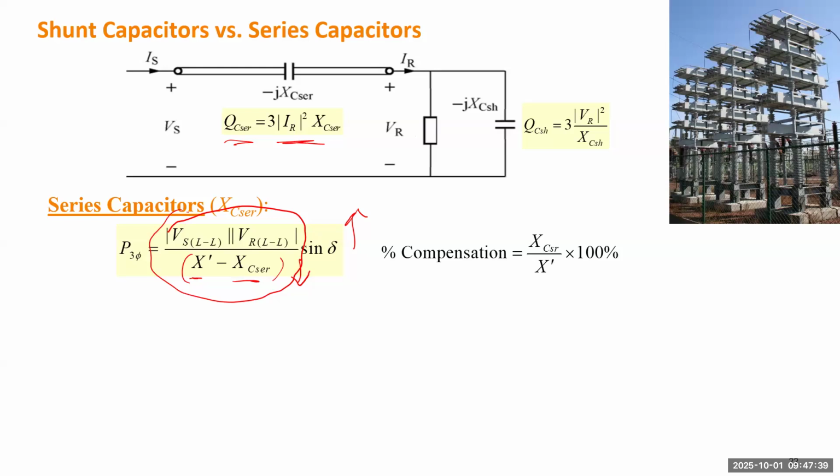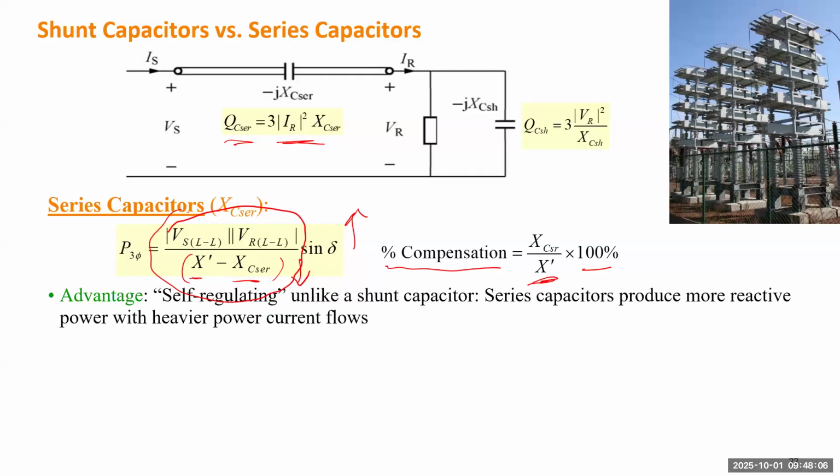So usually we use percentage compensation to indicate the size of the capacitance relative to the line impedance. Okay, so the line impedance, if we ignore the resistance, is roughly the X prime. XC SR is the capacitive reactance of the capacitor. So this ratio multiplied by 100% gives you the percentage compensation.